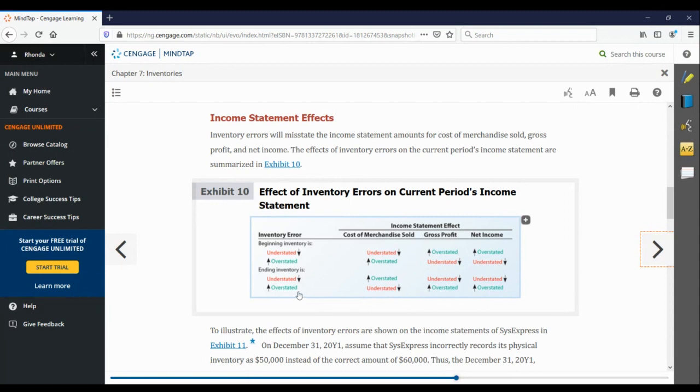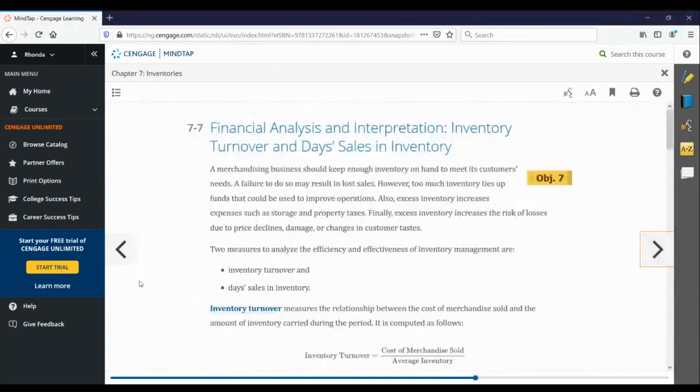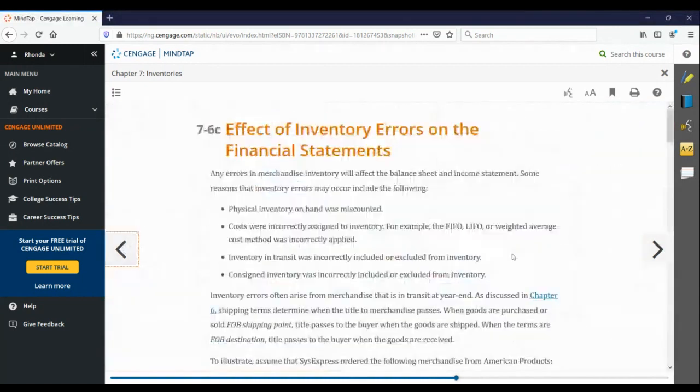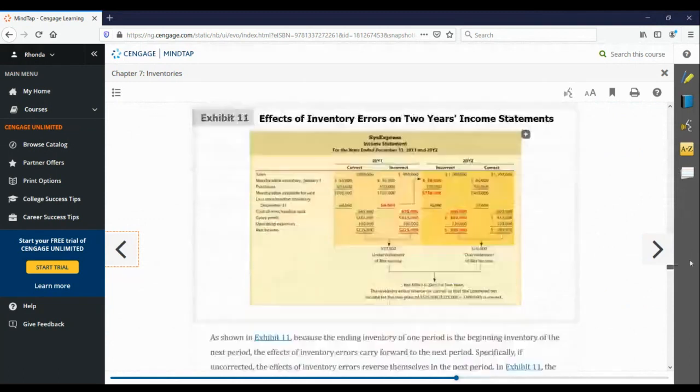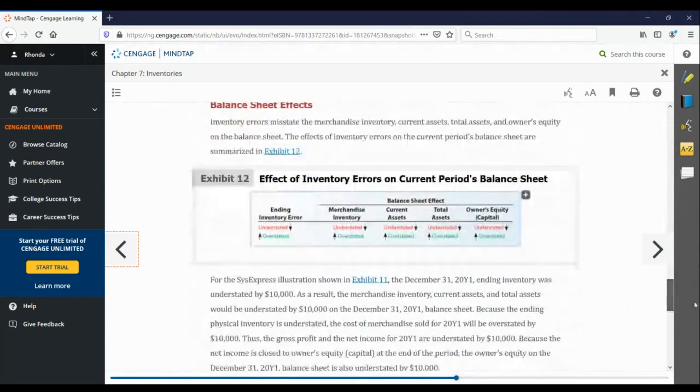Now, inventory errors will not only affect the income statement, they will also affect the balance sheet. Let me go back and see if I can find the balance sheet. There it is. If the ending inventory is understated, then on the balance sheet, merchandise inventory will be understated.